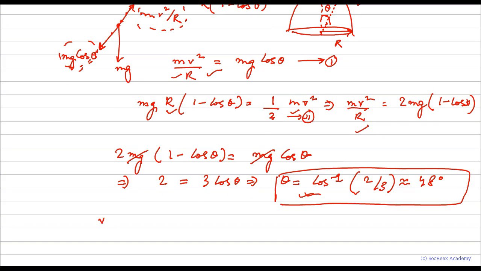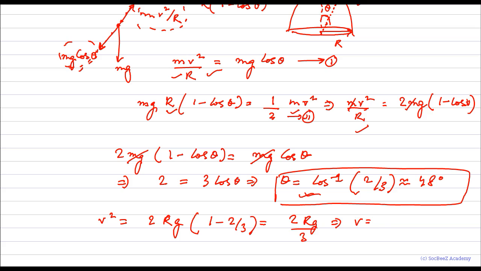So v square is going to be nothing else but, if I cancel m from both the sides, v square is going to be nothing else but 2 rg into 1 minus cos of theta, that is 1 minus 2 by 3. So it turns out to be 2 rg by 3, which gives me v as root 2 rg by 3, okay.